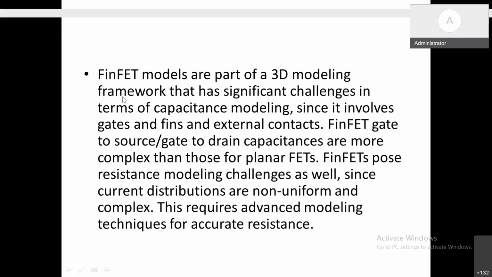Another challenge is the framework challenge of your FinFET: how we are connecting the gates, the fins, and the external contacts. We have to pose a model here and study the current distributions, whether they are uniform or non-uniform. Modeling techniques are normally required to measure the resistance highly accurately here.